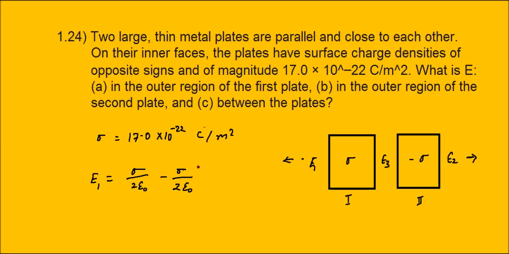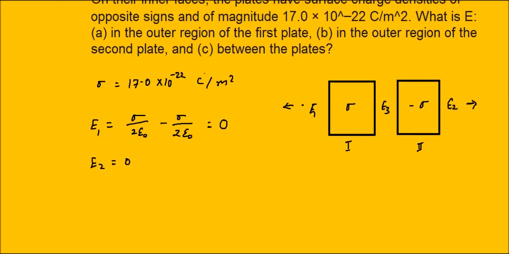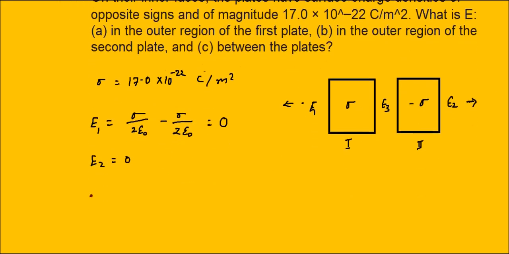So E1 is equal to 0. Similarly, in the outer region of the second plate, E2 will be 0.